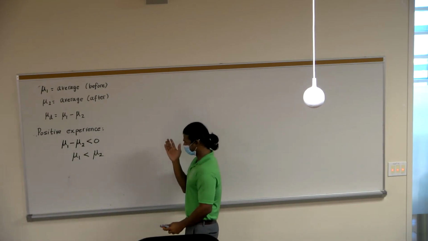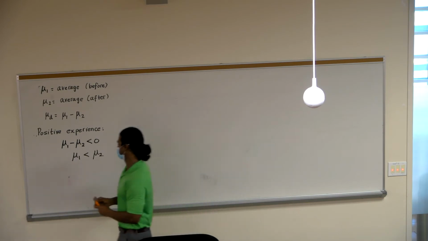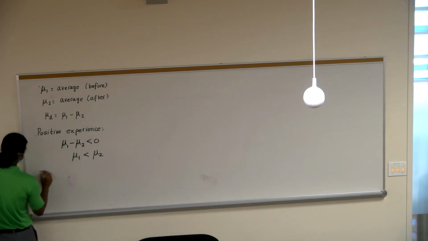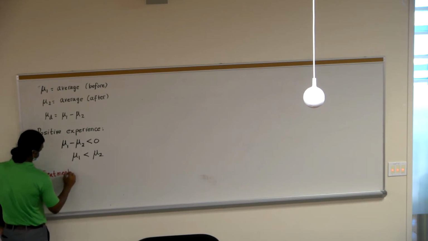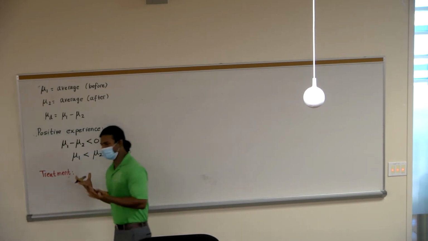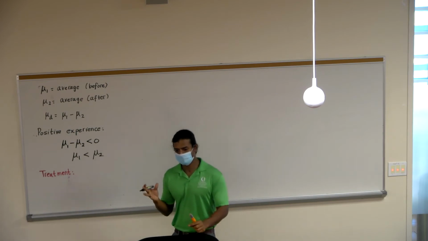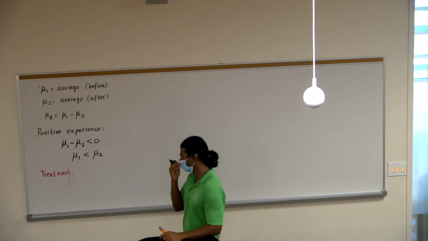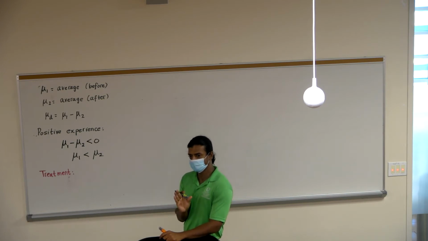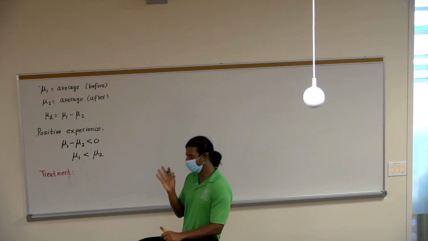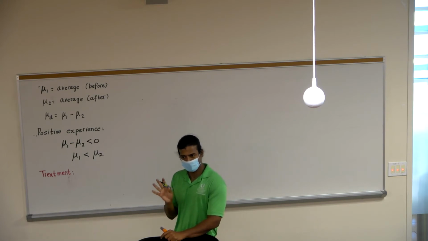So we'd like to know what the treatment is in this case. What is the treatment? Treatment is a standard statistical term that we use. So what are we trying to assess here? Dating experience. And specifically, what do we use to assess that in this case?